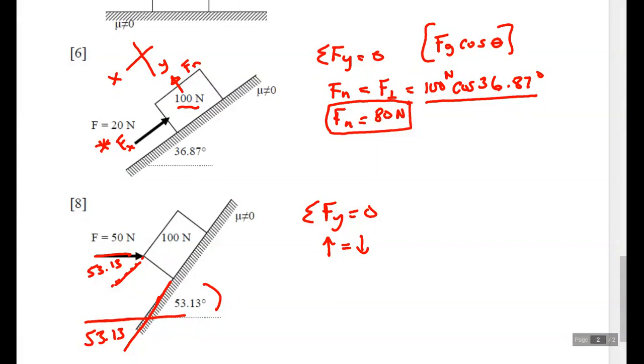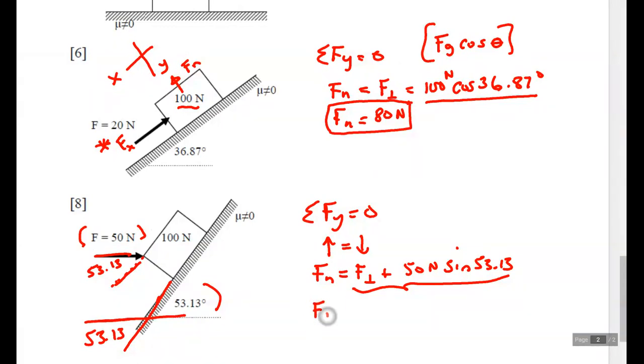So the up force is the normal force, and the down force is the perpendicular component of the weight force plus the applied force. 50 newtons acts, its vertical component, sine 53.13, acts to push the box down, becomes a down force. These are two down forces. The perpendicular component of the weight force and the applied force, 50 newtons, acts to push the box down a bit. So the normal force is the only up force.